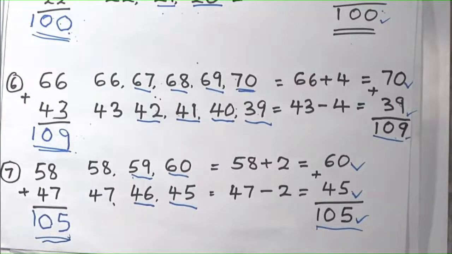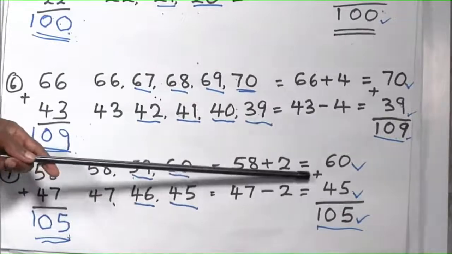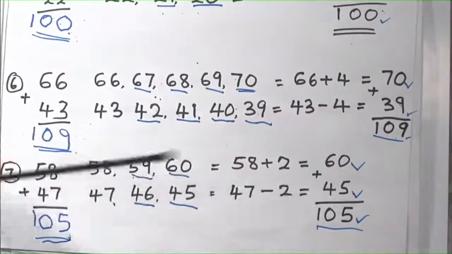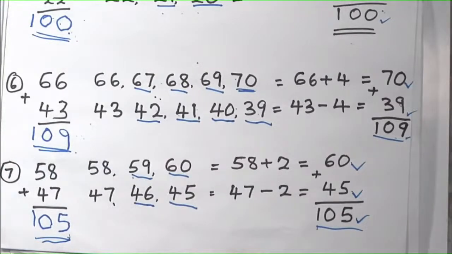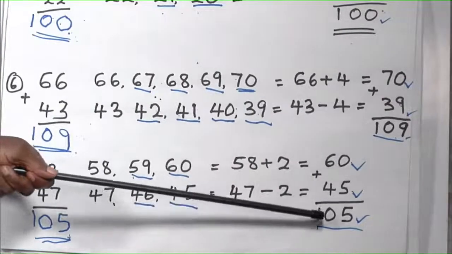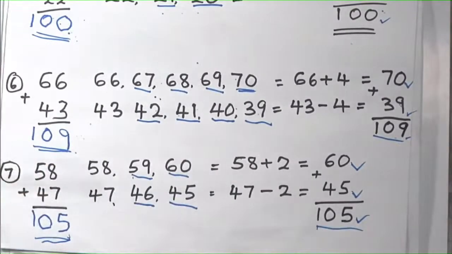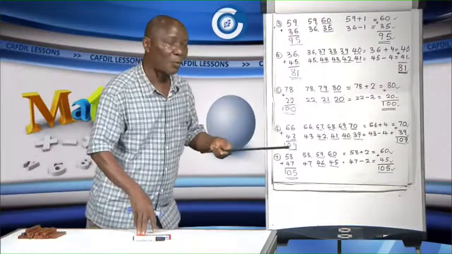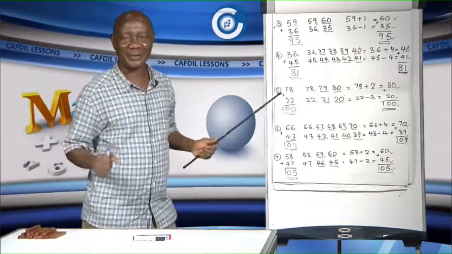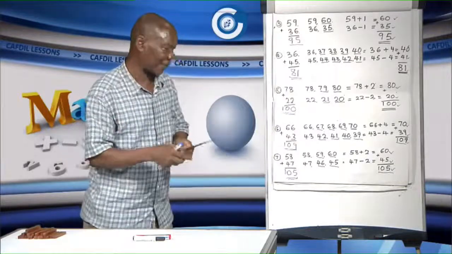And 60 plus 45 is also giving us 105. So 58 plus 47 is the same as 60 plus 45, which will give us 105.